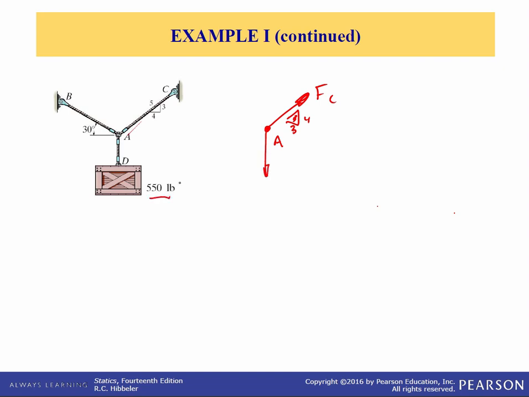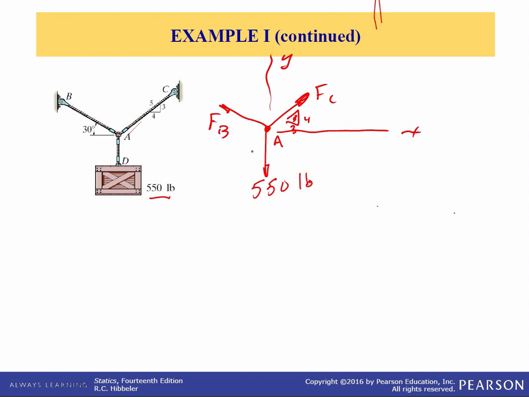Now this one is the weight, 550 pounds is a force. And then we have the tension in cable AB, and it's in the second quadrant, 30 degrees from the negative x-axis. So you also have to always put a coordinate system on your free body diagrams. And this I'm going to call F sub B. So here's our free body diagram.